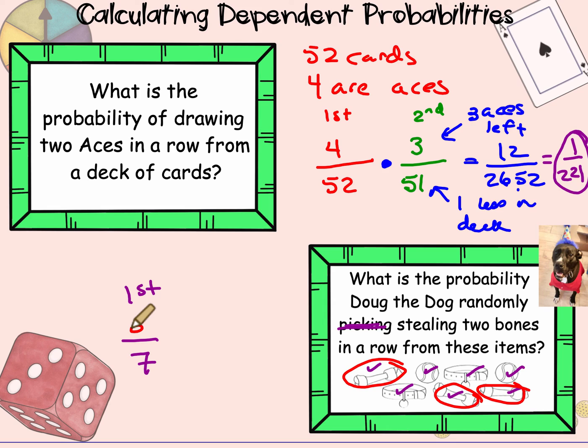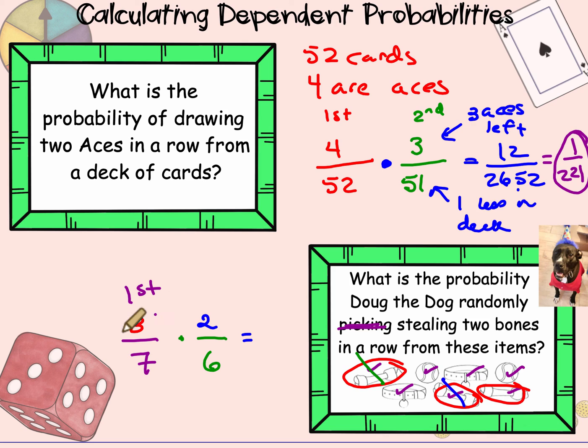And the second time he picks, because he picked 1 bone the first time, now he only has 6 things to choose from. And if his second pick is a bone, he only has 2 bones left to choose from. Now, when we're doing this multiplication, we can reduce in the problem.